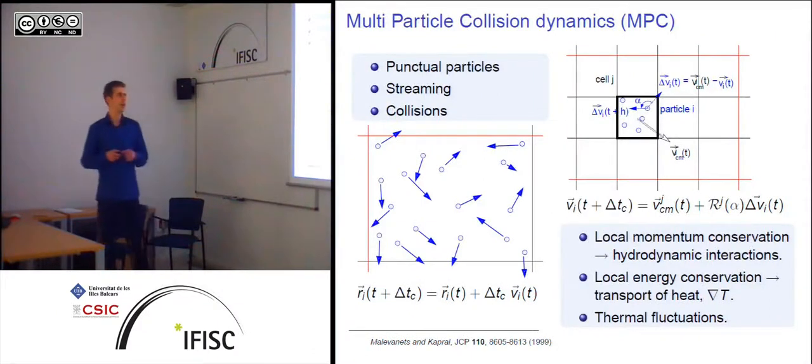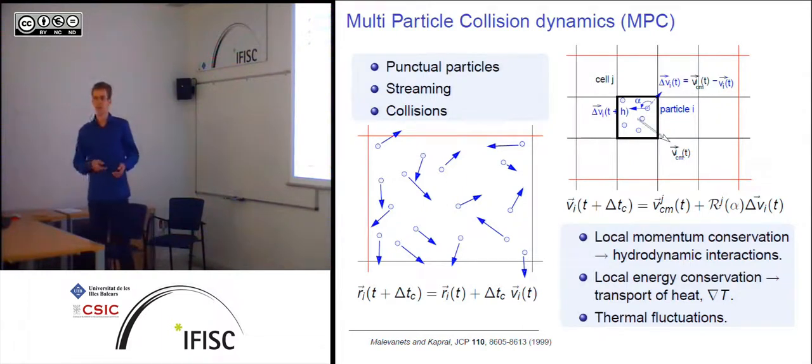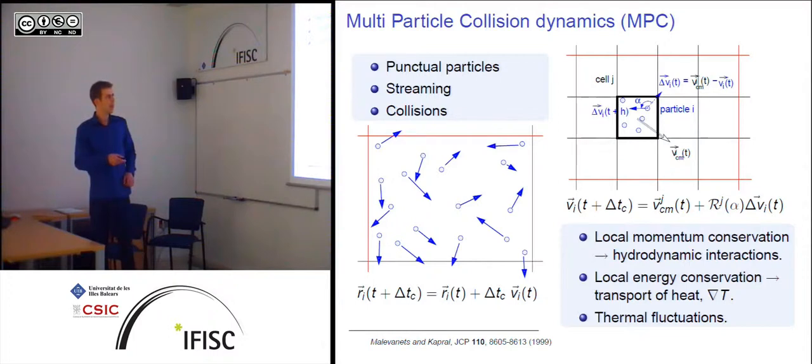Choosing the rotation axis randomly guarantees you that you don't induce any external angular momentum, and it also ensures that you have molecular chaos. And because you just rotate the relative velocity, you have local momentum conservation.